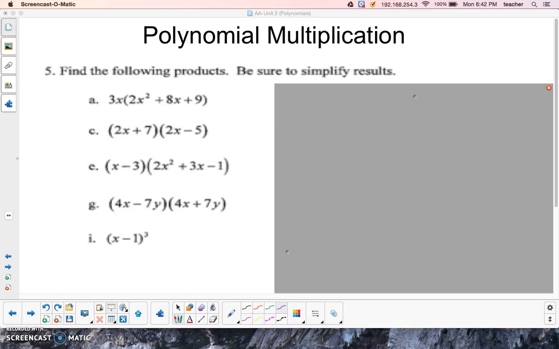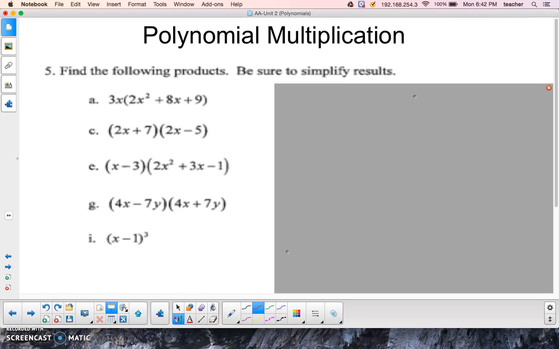To multiply polynomials, you may recall that it's very important to distribute. And so what we need to do in this case is look at where our parentheses are located and what we're multiplying. In problem A here, we have 3x multiplied to everything in the parentheses. That means we're going to take that 3x and distribute it to everything that follows.